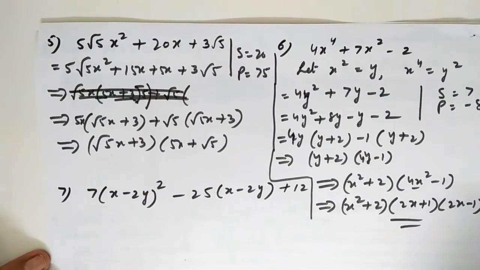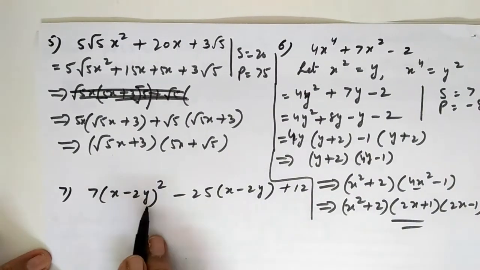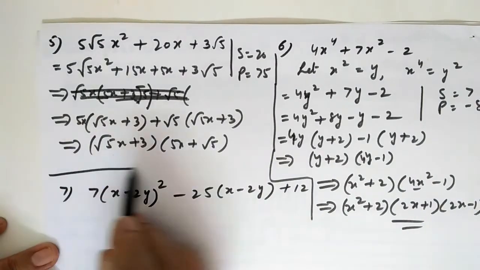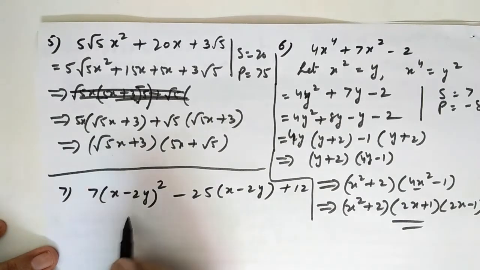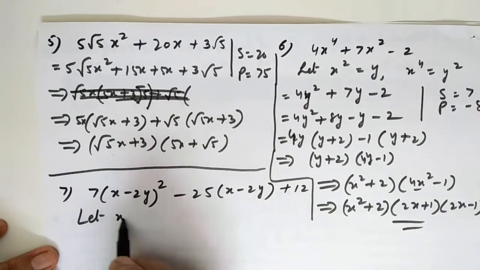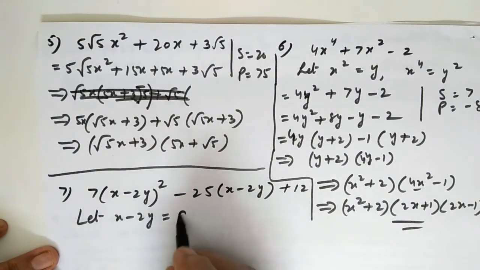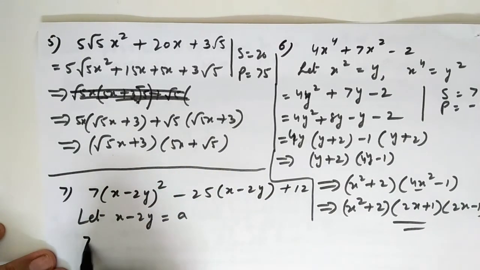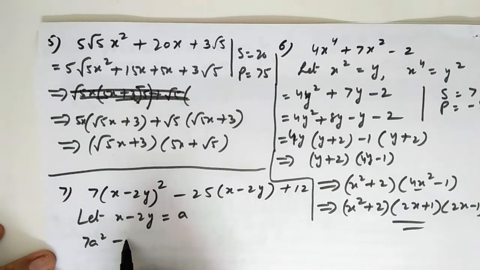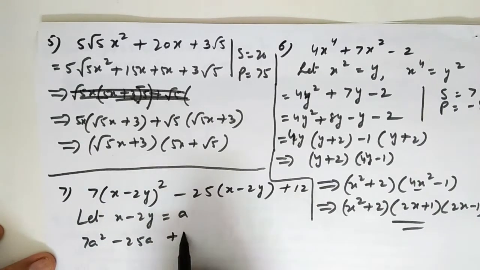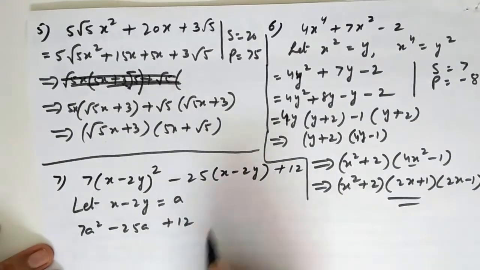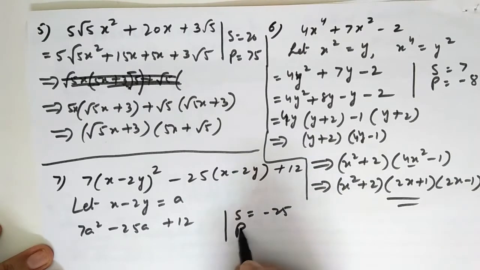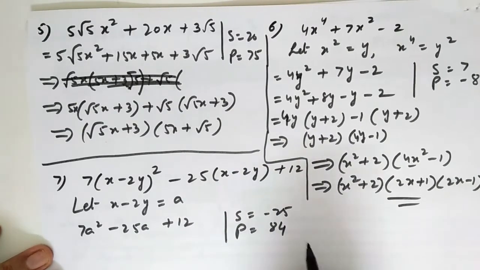Next, again it is 7x minus 2y whole square minus 25x minus 2y plus 12. इसके लिए you have to suppose let x minus 2y is equal to a. So our expression will become 7a square minus 25a plus 12. Splitting middle term, sum should be minus 25, product should be 84.